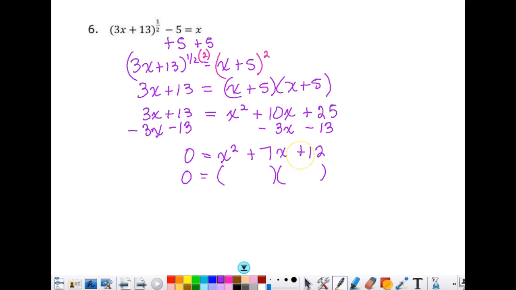Everything's all nice and positive for us, so that makes it nicer to factor. So what multiplies to 12 that adds to 7? A positive 3 and a positive 4. So what would x be equal to? A negative 3 and a negative 4. Okay?